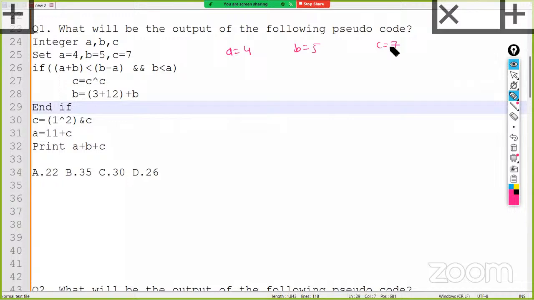I will suggest one thing: whenever you are solving pseudocode, get your pen and paper ready and solve quickly. Now I know how the if statement works. If the condition in the if block becomes true, then and only then the block of statements inside the if runs.